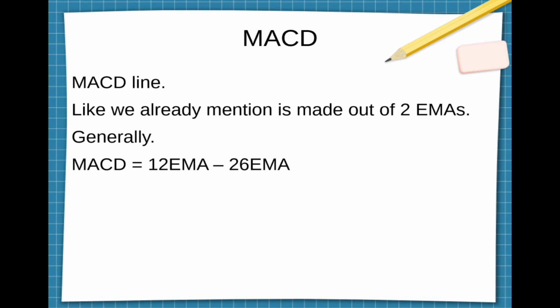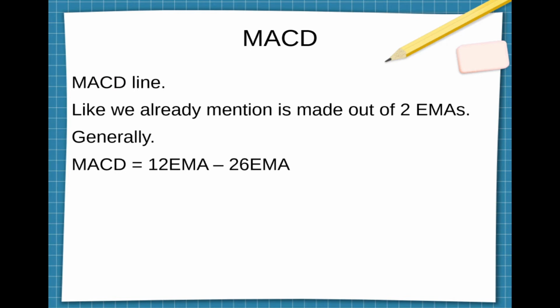Like we already mentioned, it's made out of two moving averages. Usually they use the 12 EMA and the 26 EMA. Some traders, in order to fit their trading style, can change those into different numbers, but the 12 and the 26 is the most used in the market, and when you add MACD as an indicator in your chart, this is gonna be the basic setup.